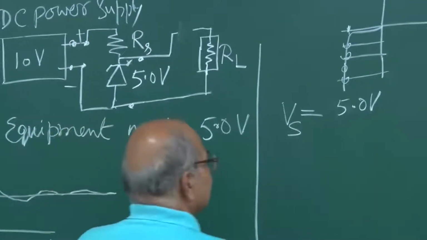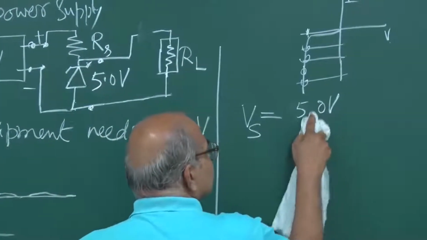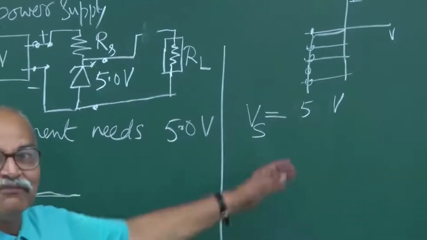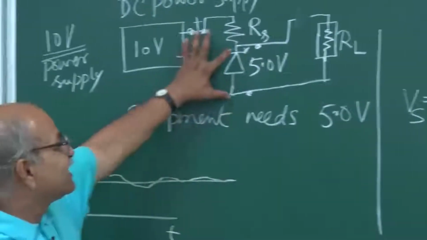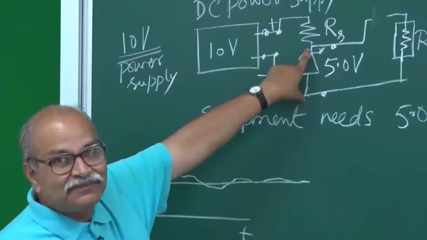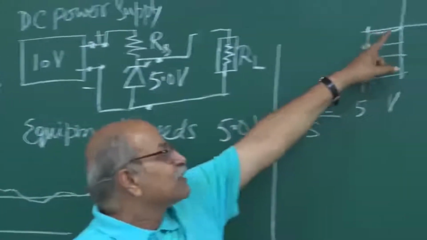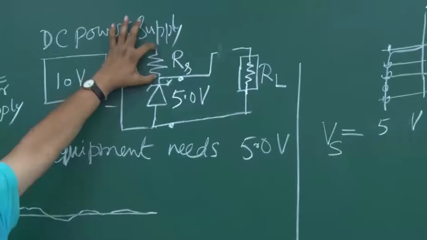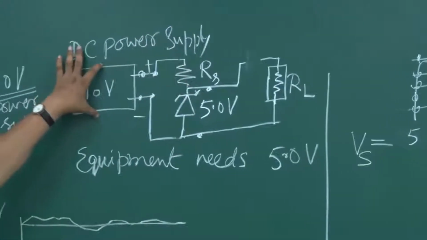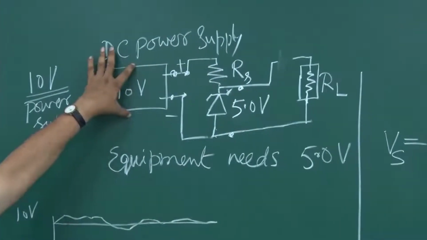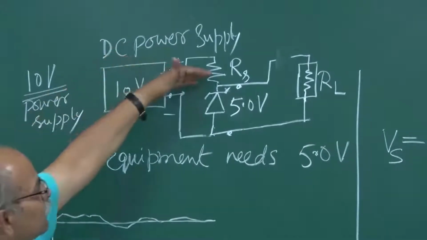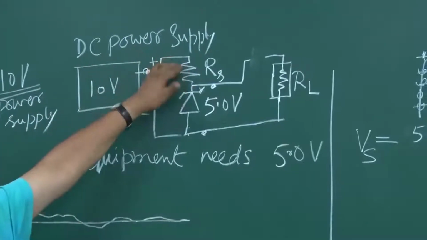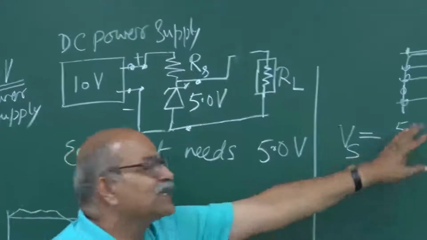Why not 5.0? Because the Zener voltage is fixed at 5.0, that comes from this characteristic. But this voltage fluctuates with the power supply. If the power supply goes to 10.1, this will go to 5.1. If it goes to 9.9, this will go to 4.9. So I should not write 5.0 here.